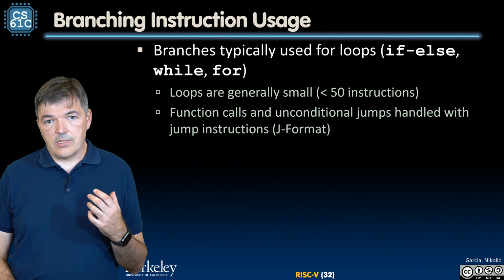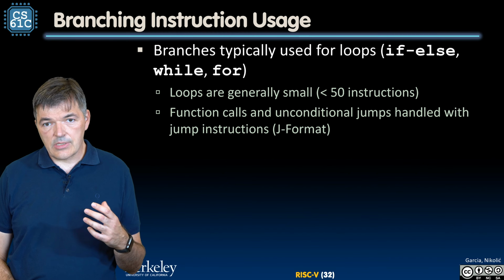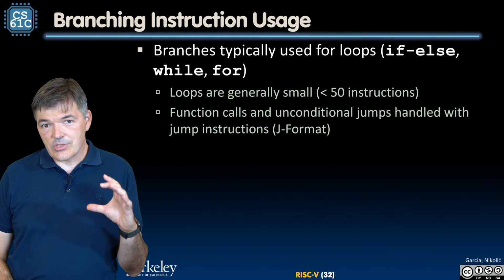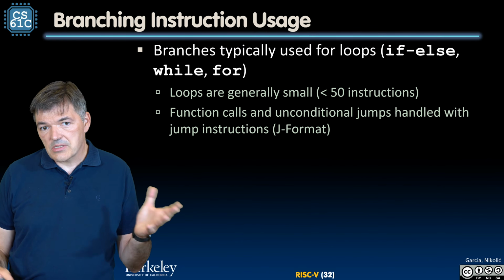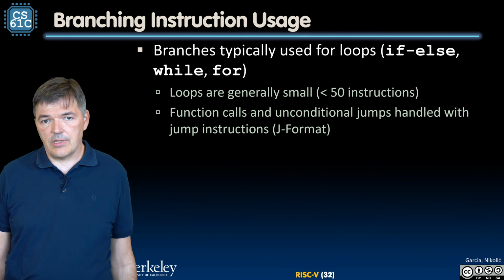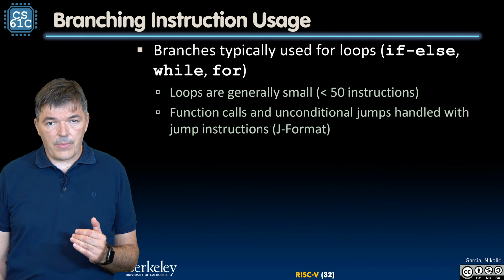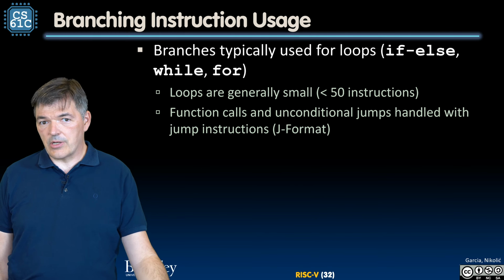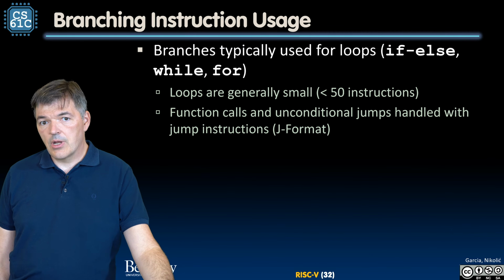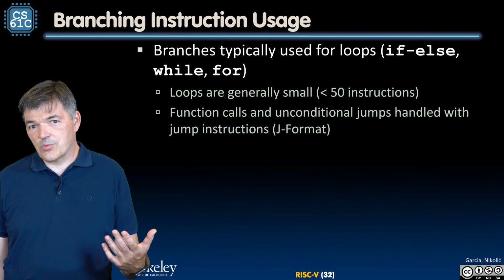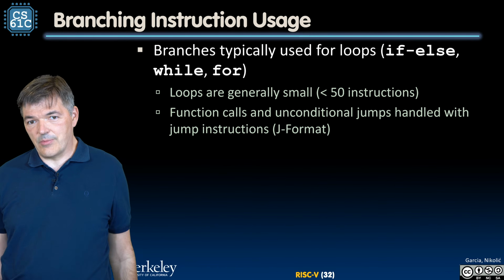These loops, when translated to assembly code, are relatively short. The number of instructions inside the loop is typically less than 50, maybe a few hundred at the maximum. And if we need to go to some farther away part of the code, like a procedure, we would use a different type of instruction, a jump, which we'll see is of a J format.